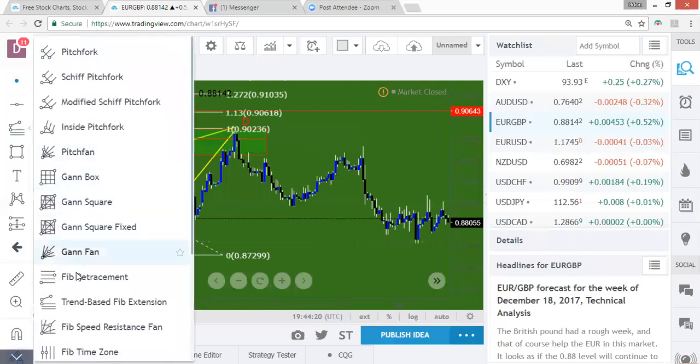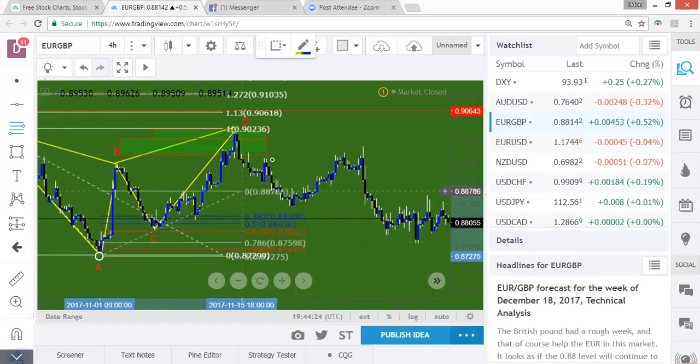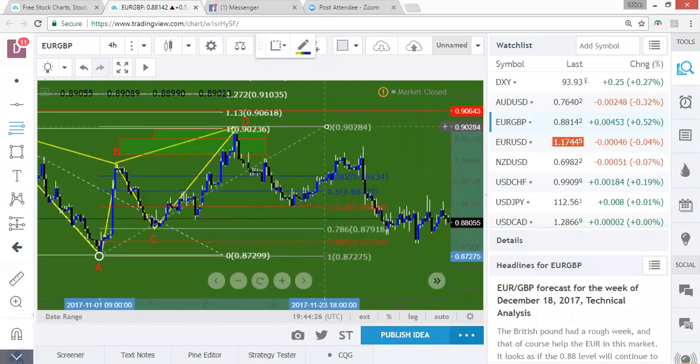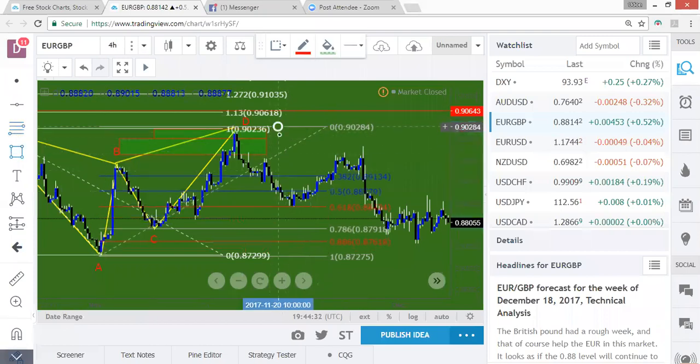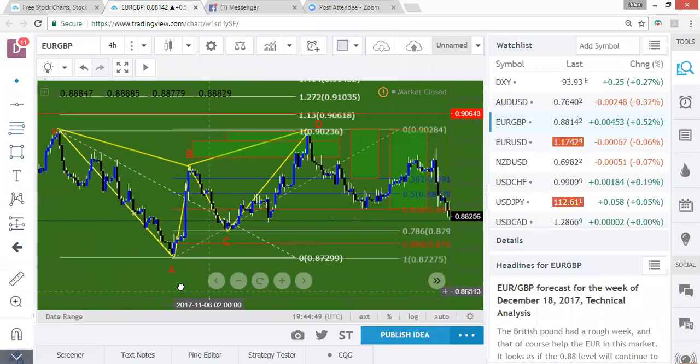We would have gotten out conservatively at the Fibonacci retracement from A to D. We'd have gotten out right here at the 382 and at the 618. Both targets hit. Stop loss in check. You see how powerful the Gartley pattern is.